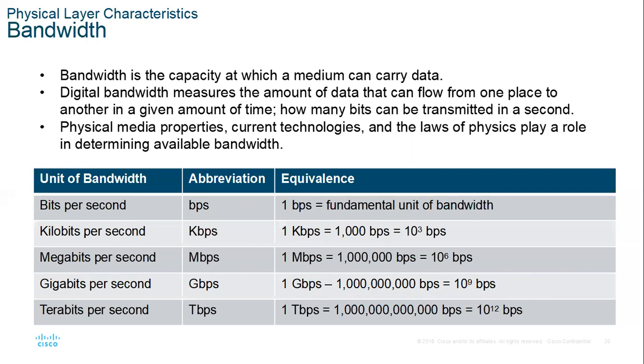There are some units of bandwidth. You have bits per second, this is how you abbreviate it. You have kilobits per second, megabits per second, gigabits per second, then terabits per second. At times, some people say bytes: bytes per second, kilobytes per second, megabytes per second, gigabytes per second, then terabytes per second.